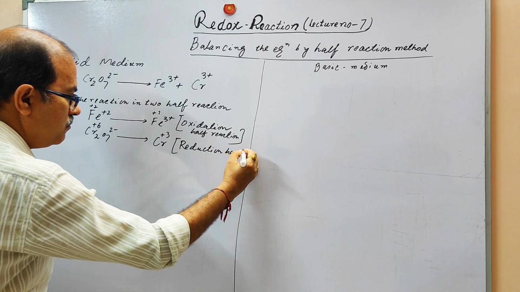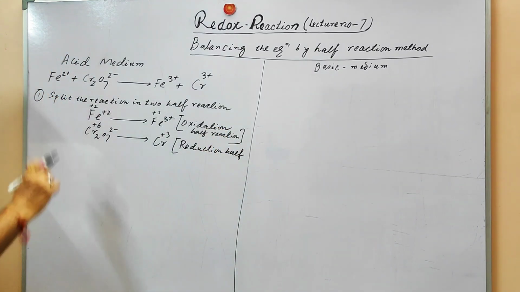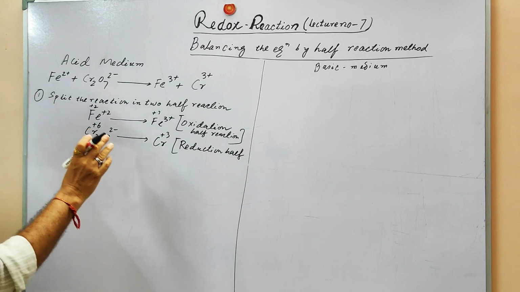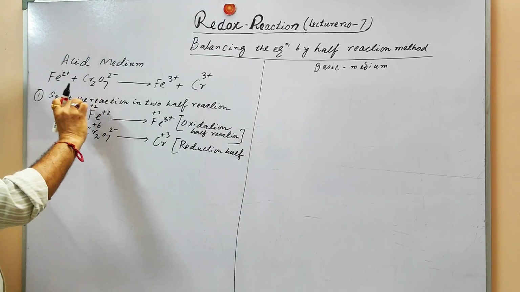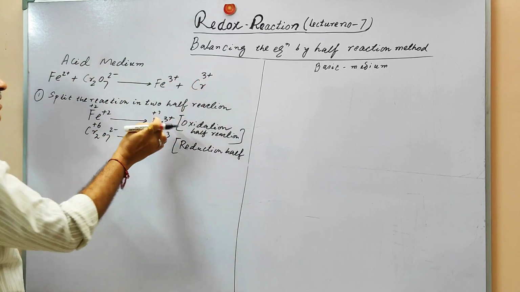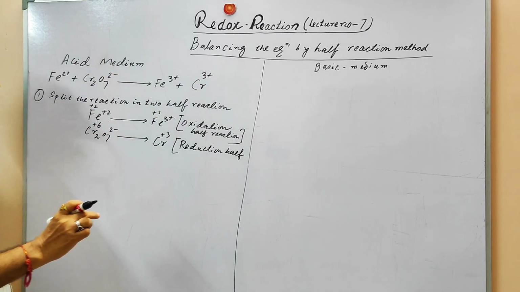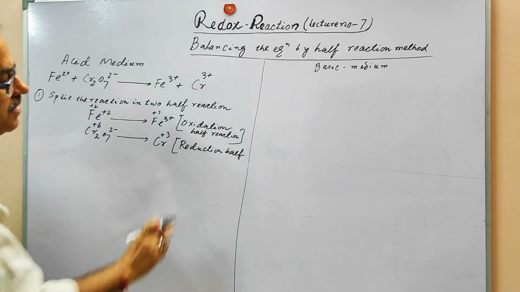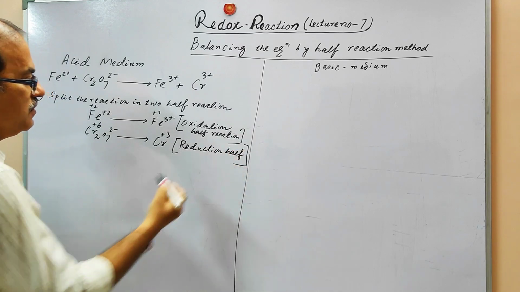These two reactions are the split version of the total reaction. We have split it into two half reactions, the oxidation half reaction and the reduction half reaction.